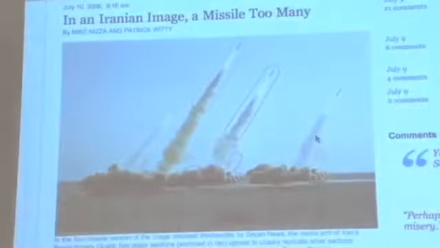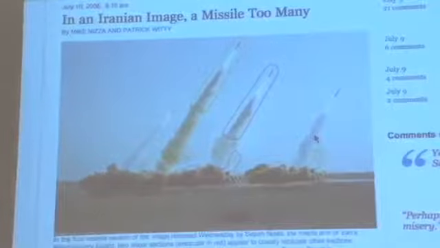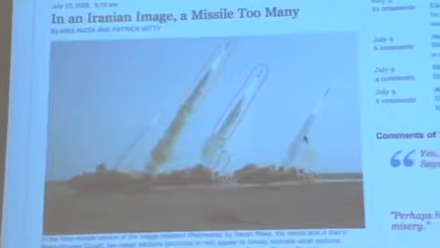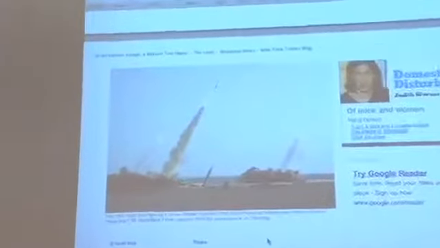This was published in numerous major websites and also newspapers, the New York Times included, where they showed a variety of missiles being launched. But when they analyzed this image, they figured out that an additional missile had been added to the photo. They had literally copied and pasted one of the nearby missiles over onto this one.